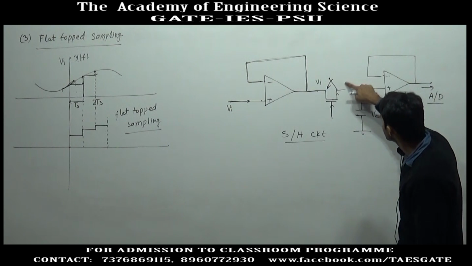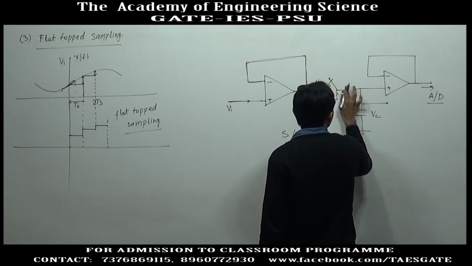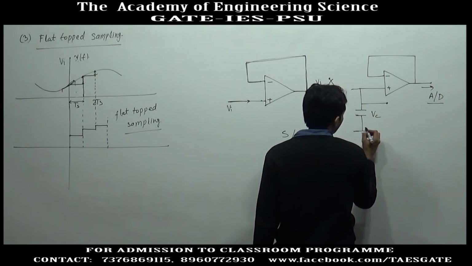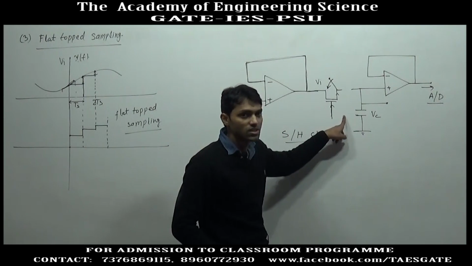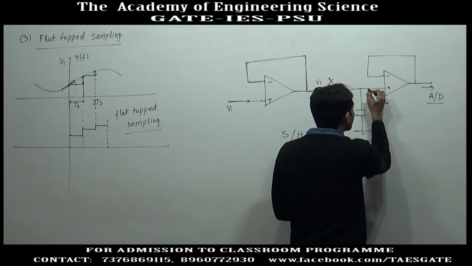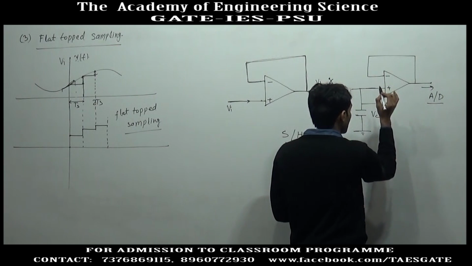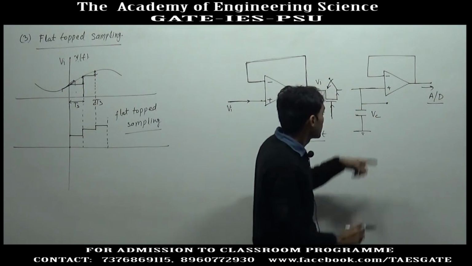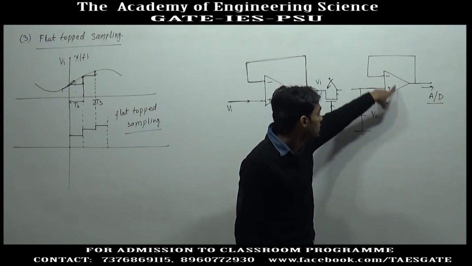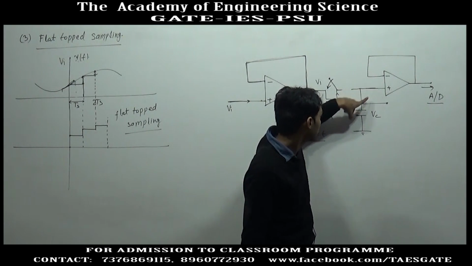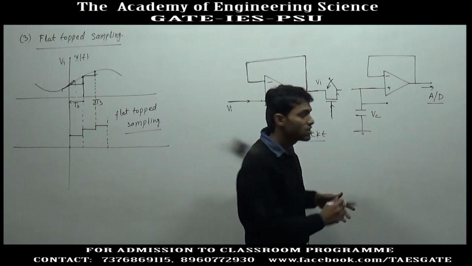But when the switch is opened, I am opening it here, there is no path for the capacitor to be discharged, because ideally no current can flow into the amplifier in this buffer. So, there is no path for the capacitor to be discharged.